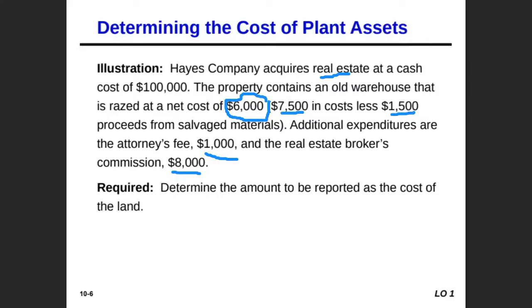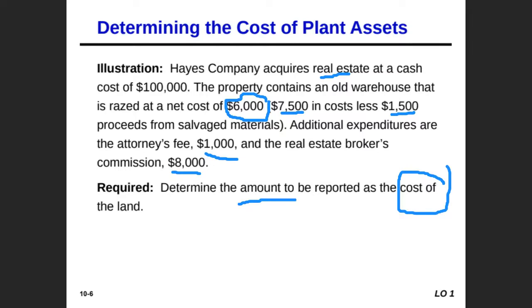The question says, what determines the amount to be reported as the cost? Can you tell me what will be the cost of this property? 115,000.